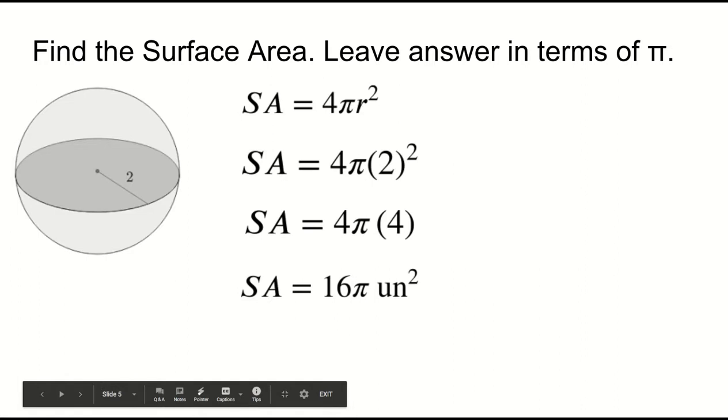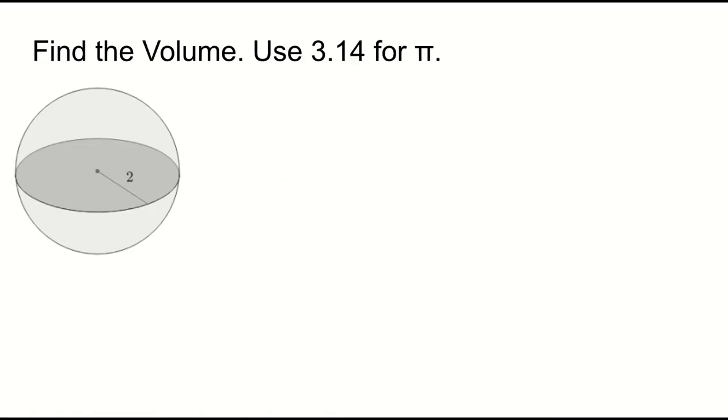How'd you do? And now we want you to find the volume of the same sphere. And this time, please use 3.14 for pi, and we will give you the formula for the volume of a sphere, 4/3 pi r cubed. Put the video on pause and come on back and check.